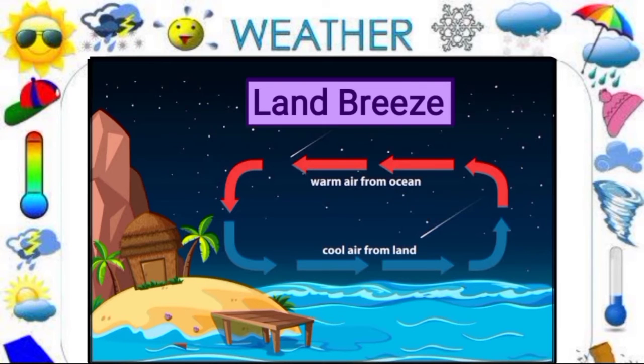At night the reverse process takes place. Land cools down faster than the sea, so now the air above the sea is warmer than the air above the land. The warm air rises above the sea, and cool air from the land rushes towards the sea, which is known as land breeze.